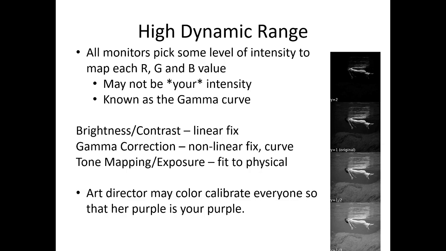And this is where gamma correction comes in. So there is a curve that the monitor has, and it's not necessarily linear either, right? So it's not that 0 to 255 goes a straight line. There might actually be some curvature to it.